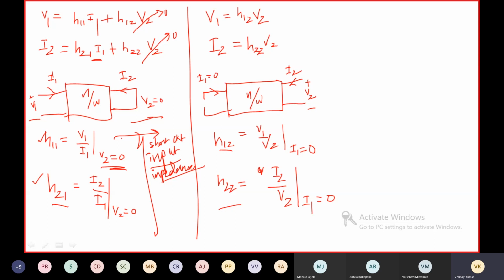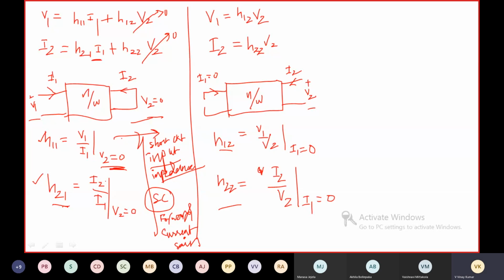Now coming to H21. By short circuiting port 2 you are going to get H21. That's why it is called short circuit forward current gain, because it is the ratio of I2 to I1.